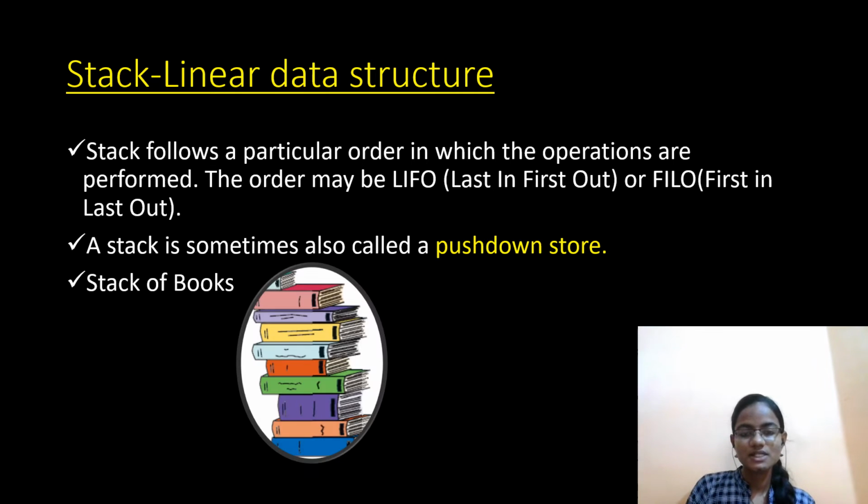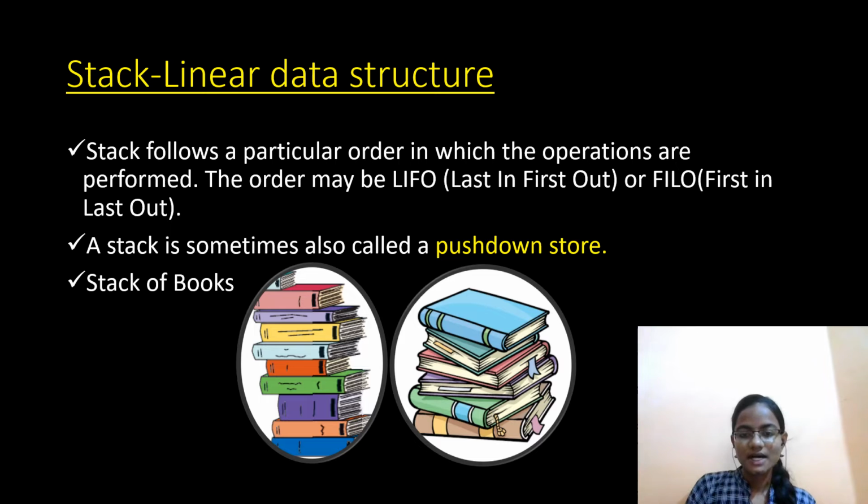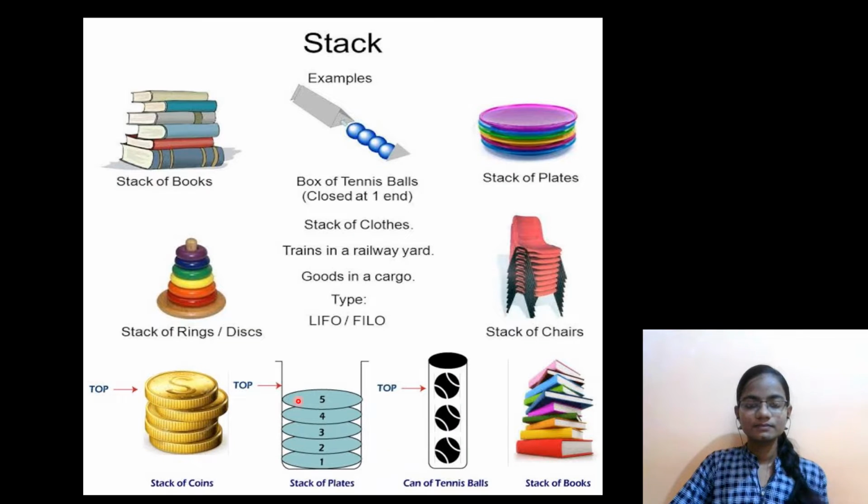Stack of books is an example of stack. Here we can see many more examples of stack like stack of plates, stack of chairs, stack of rings or discs, stack of coins, can of tennis balls. These are all real-time examples of stack.